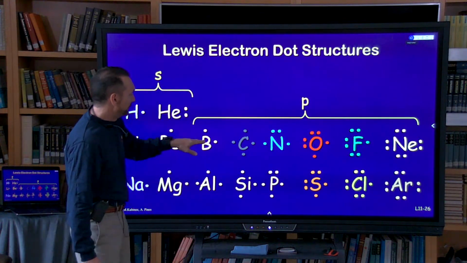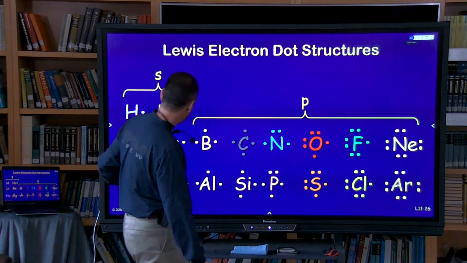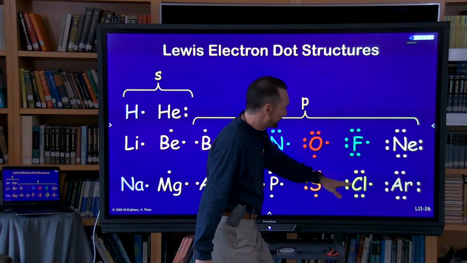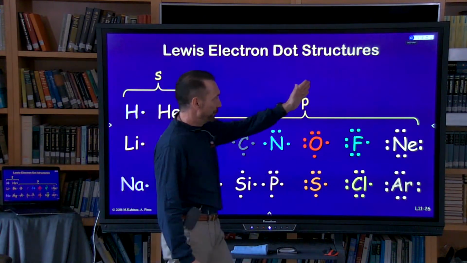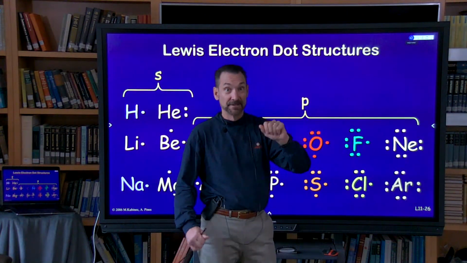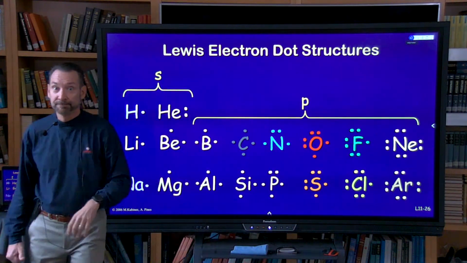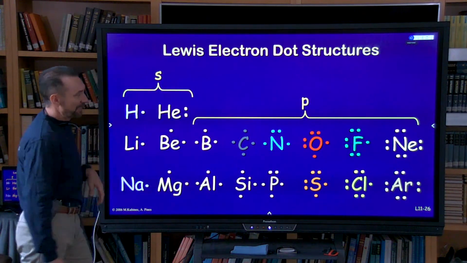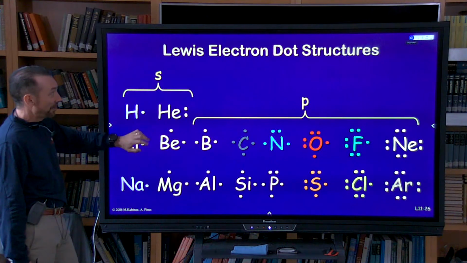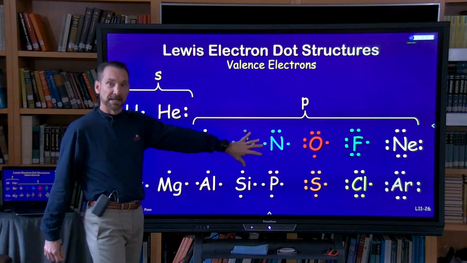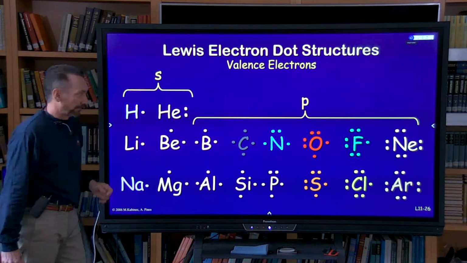So the n equal 2 electrons here and the n equal 3 electrons here, and just counted them off from 1 through 8. 2 S's, 6 P's, 8 electrons by the time you get there. And I've arranged them in dots about the elements. We call those electrons valence electrons. The outermost shell of electrons are called valence electrons.